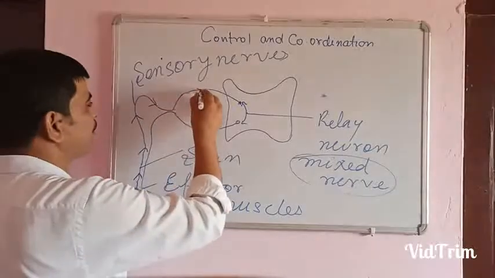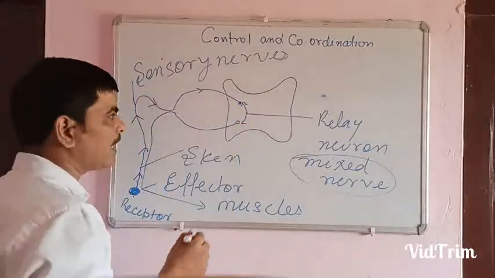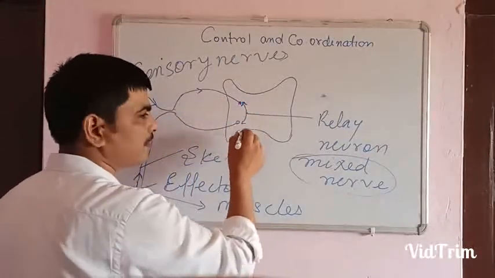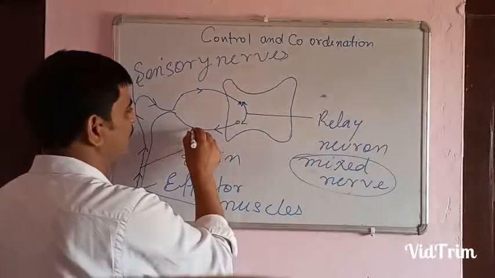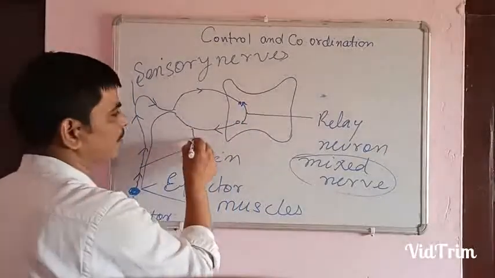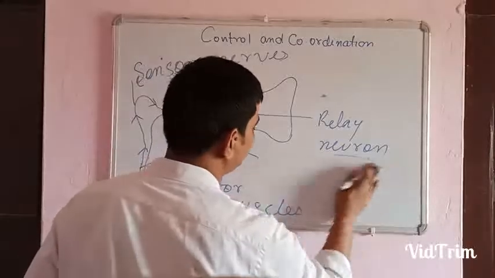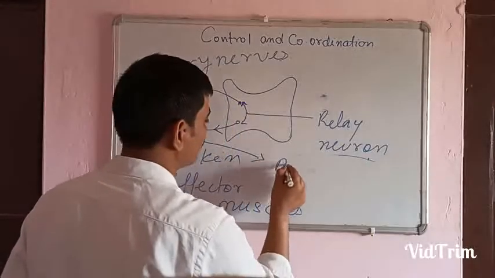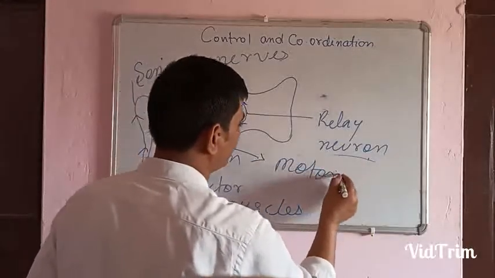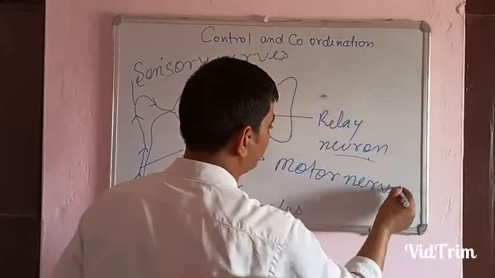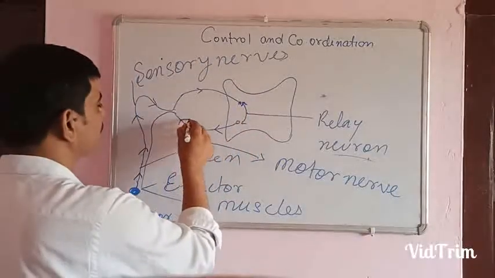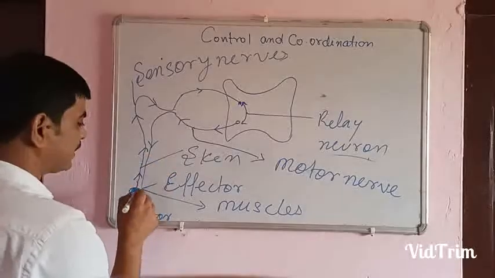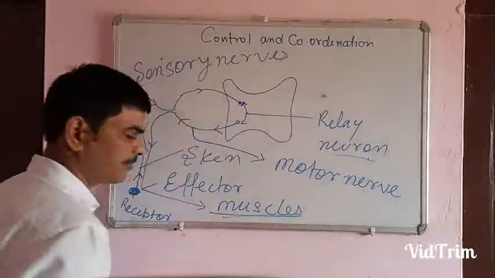Now this information is given to the spinal cord. From the spinal cord, with the help of the relay neuron, it is given to the motor nerve. This is the motor nerve or efferent nerve. This motor nerve brings the information, and this is in contact with the muscles.